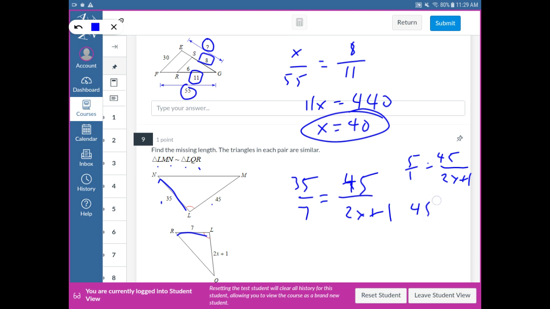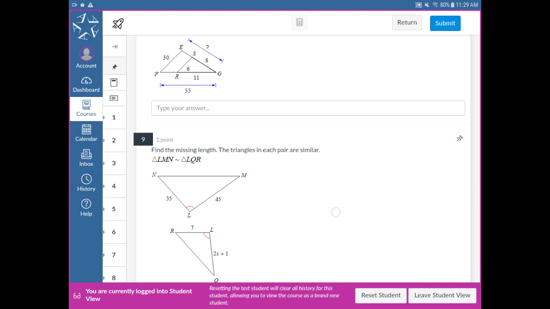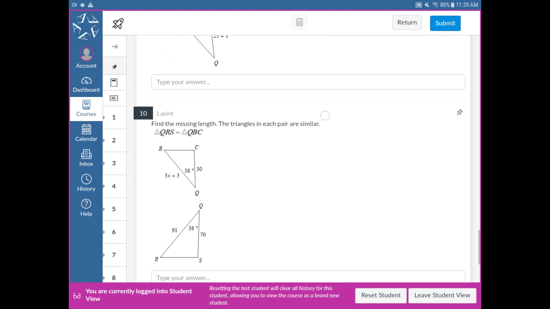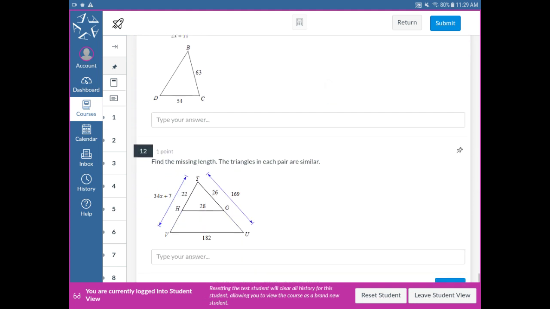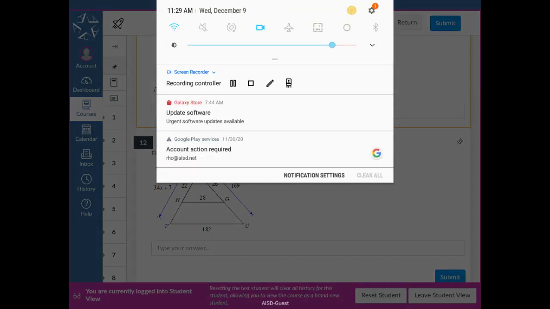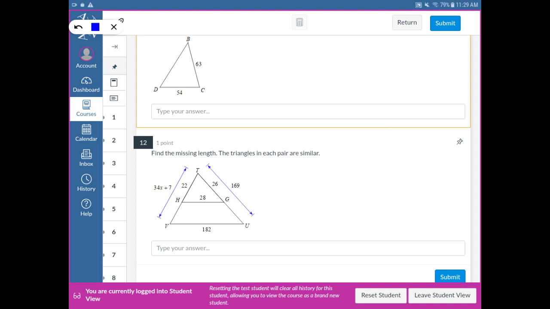x over 10 equals 3 over 5. So 3 times 10 is 30. 5 times x is 5x. So x equals 6. Easy. What else is on here? When you have ones like this, so x over, all right, so what's going on here?